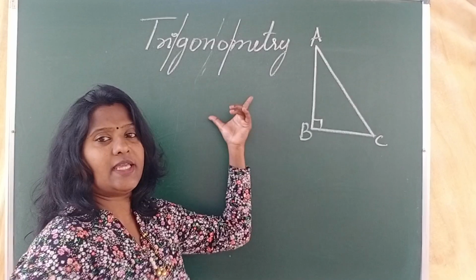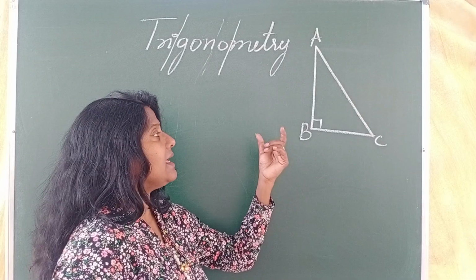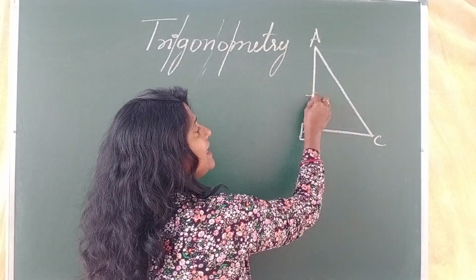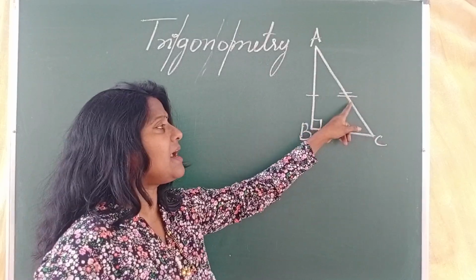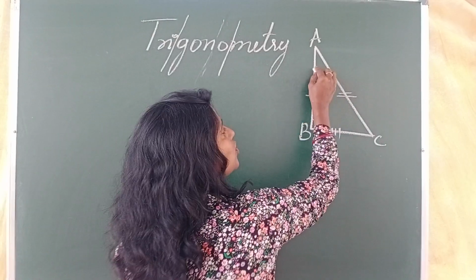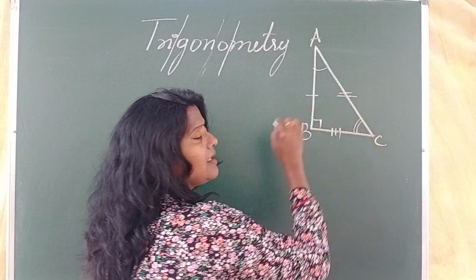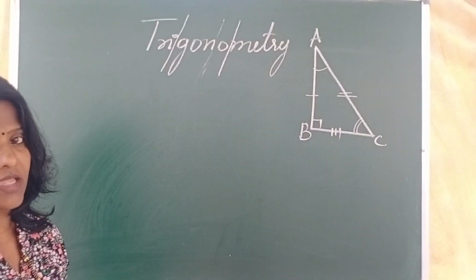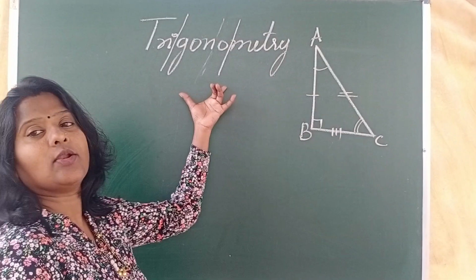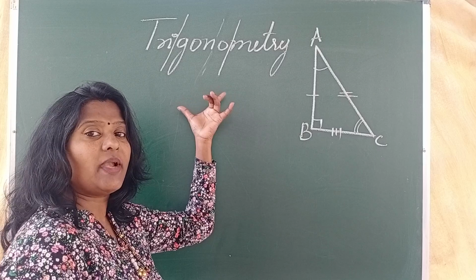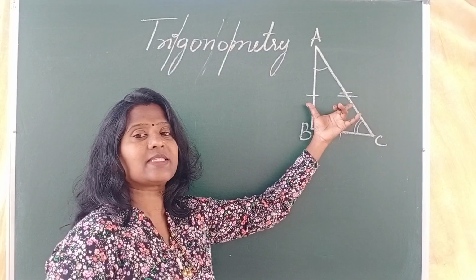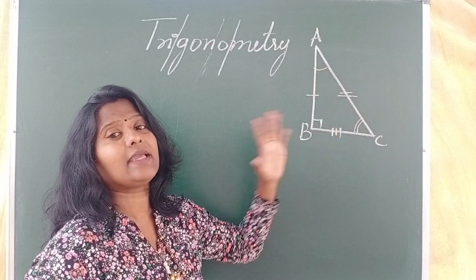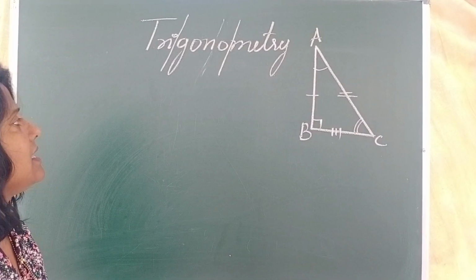In trigonometry we will study the relationship between the sides and the angles of the triangle. Trigonometry deals with the study of the relationship between the sides and the angles of the right angle triangle.